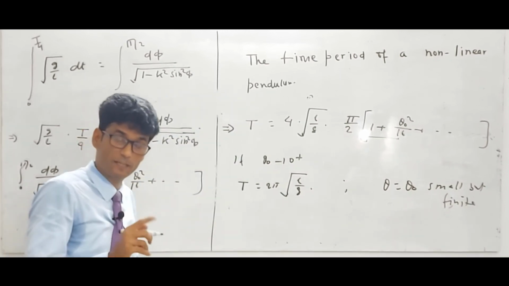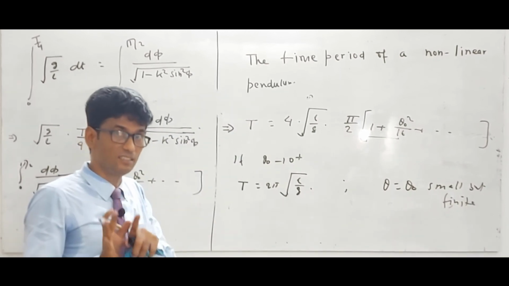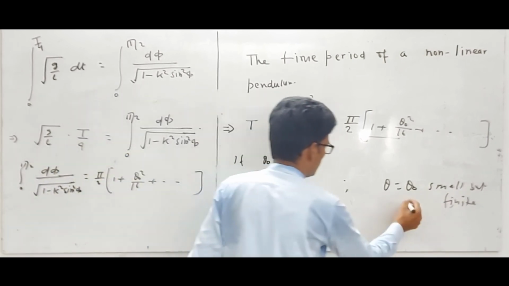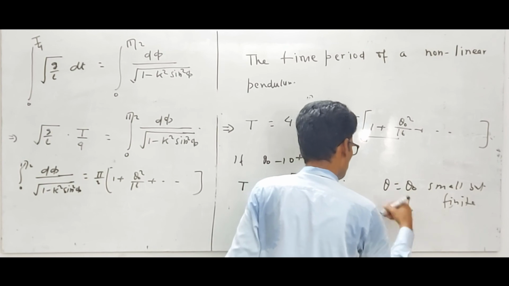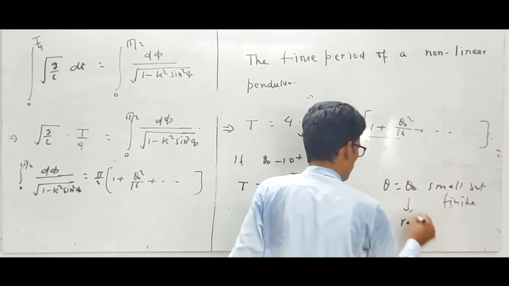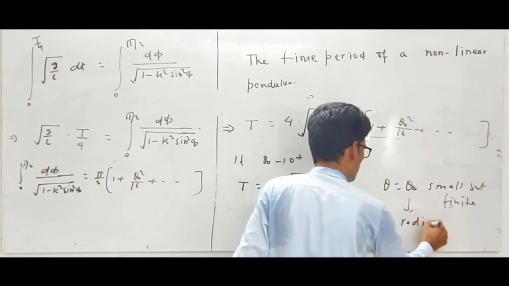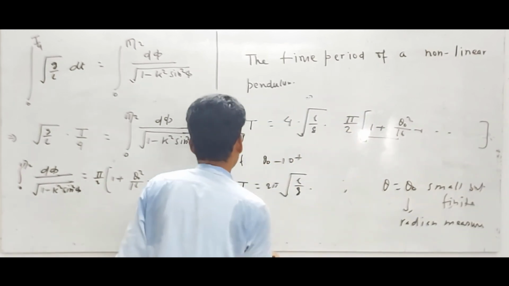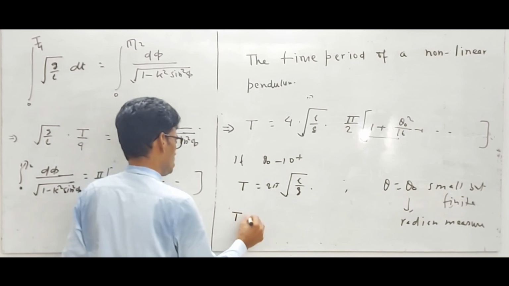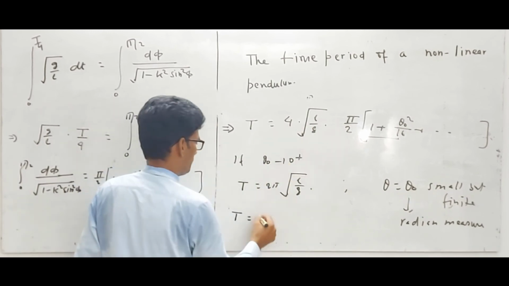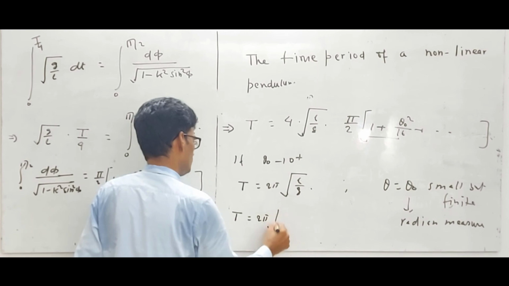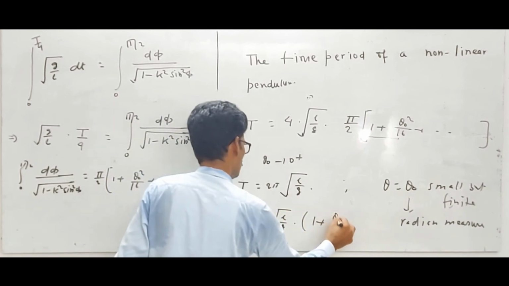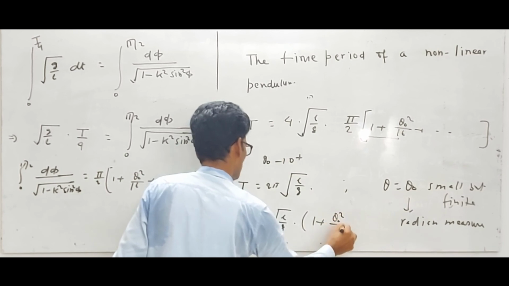Of course, theta is taken in radian measure, not in degree measure. So now the time period comes out to be T is equal to 2 pi under root L over g multiplied by 1 plus theta naught square over 16.